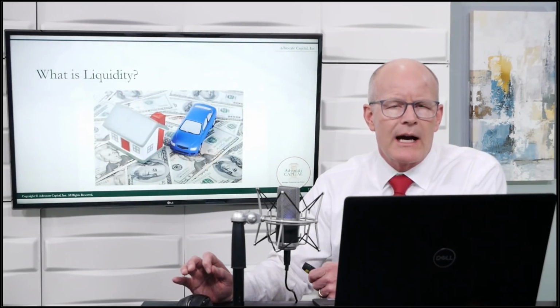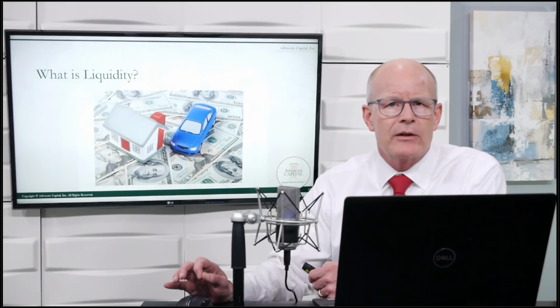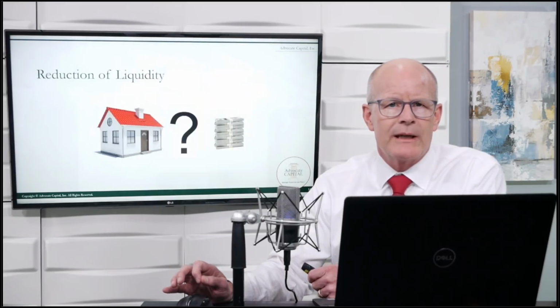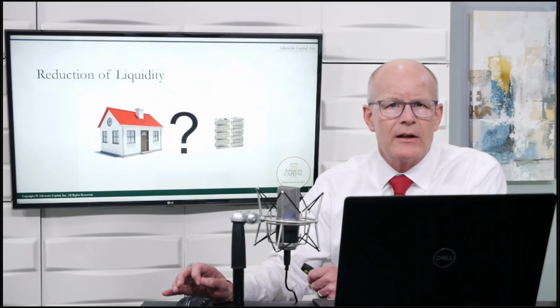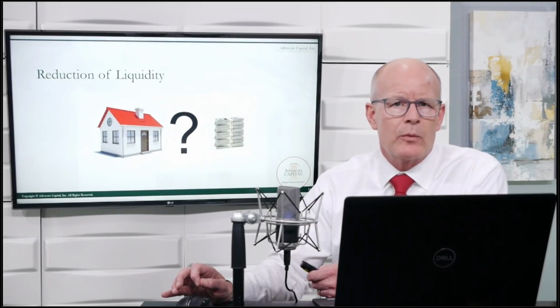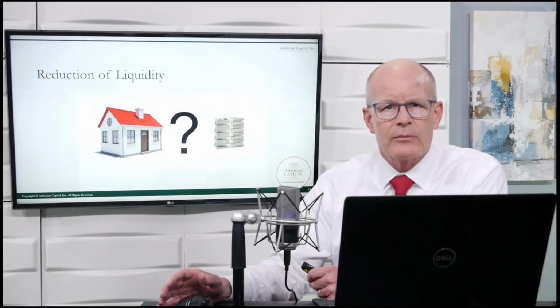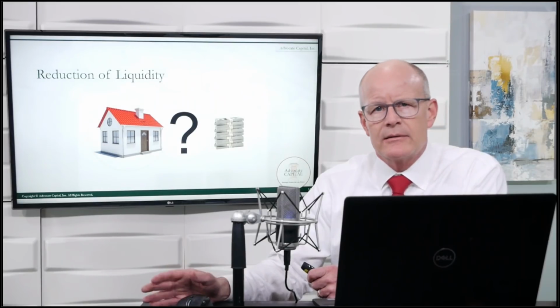Liquidity refers to how quickly an asset can be converted to cash. So the ultimately liquid asset would be cash itself. You can't get more liquid than that. So if we think about a house, it's not quite as liquid as cash, because if you wanted to turn it into cash, you'd have to list it with an agent, have a showing, get to a closing.